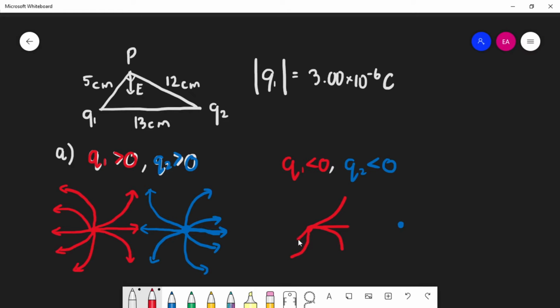That is wrong again. There and there. All of them are pointing towards each other. Towards the charge.